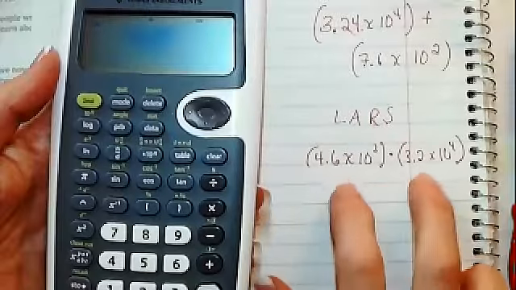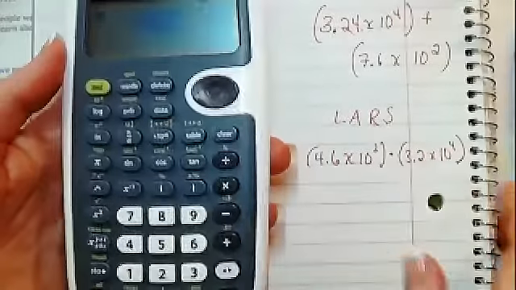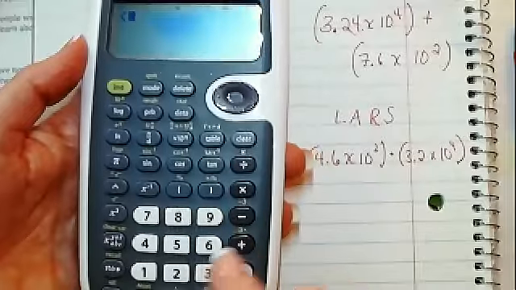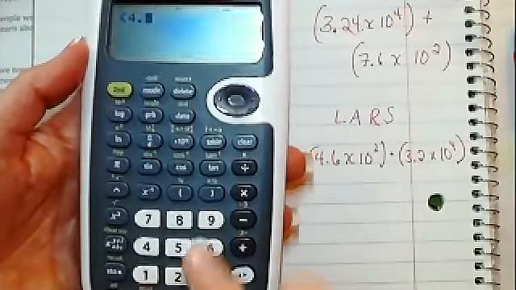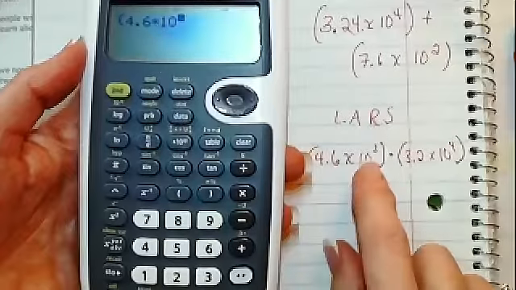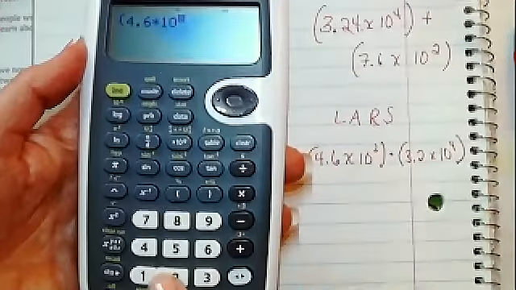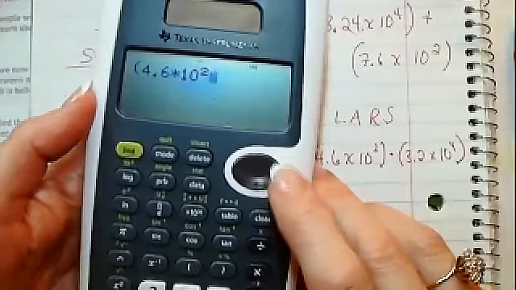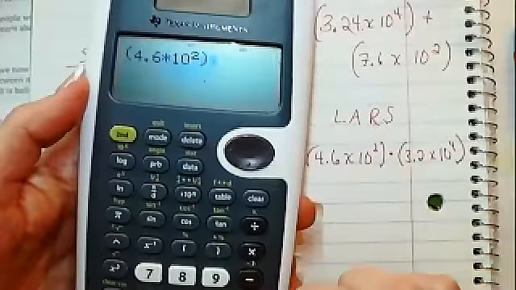Okay, so we're doing this math problem right here. I know it's very, very fuzzy, I apologize. But we're going to do parentheses 4.6, I'm using my times 10 to the n. My exponent is a 2, even though you probably can't read it. I have to get out of that exponent by arrowing right in my parentheses.